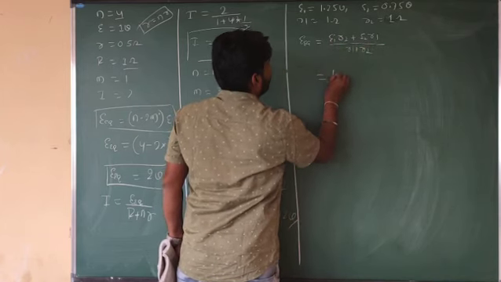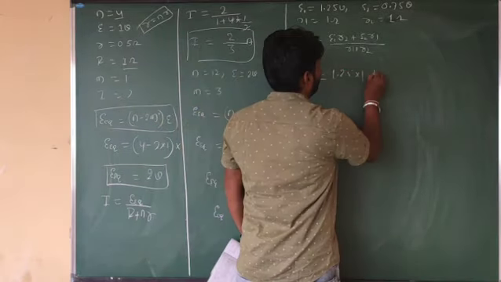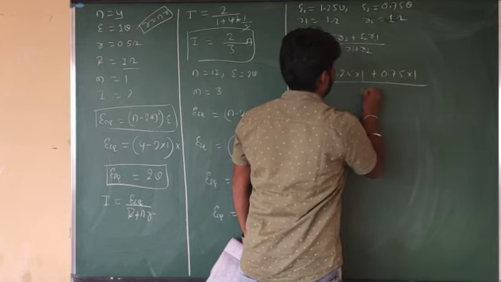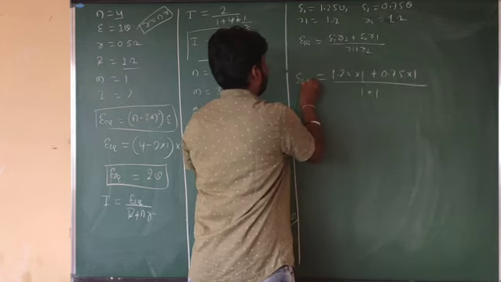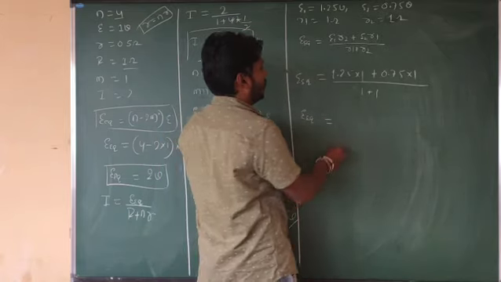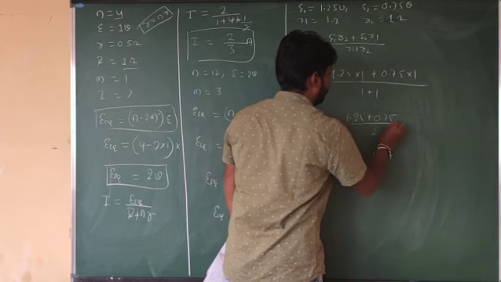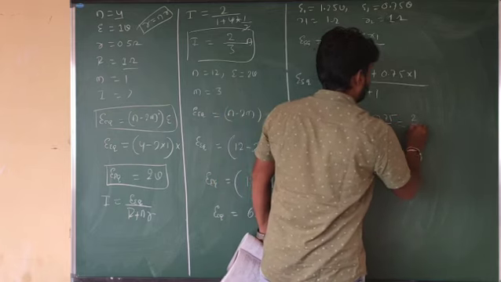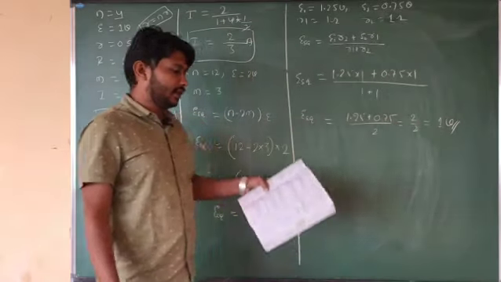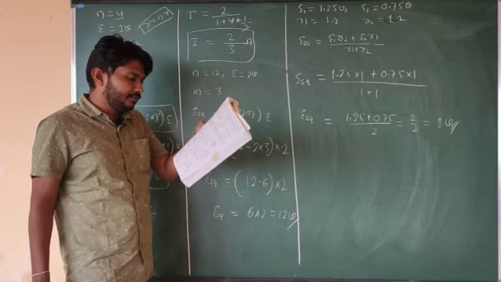E1 is 1.25, E2 is 0.75, and the internal resistance is 1 ohm for both cells. The equivalent EMF is (1.25 plus 0.75) divided by 2. So 2 by 2, that is 1 volt. The equivalent EMF is equal to 1 volt.